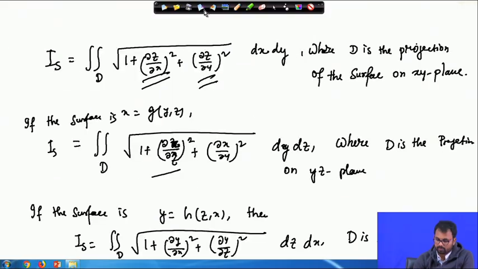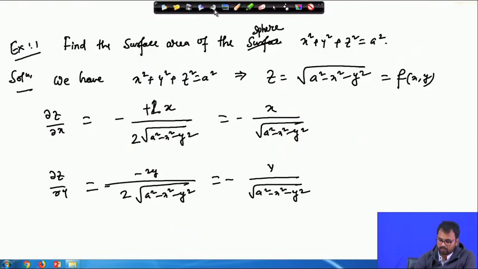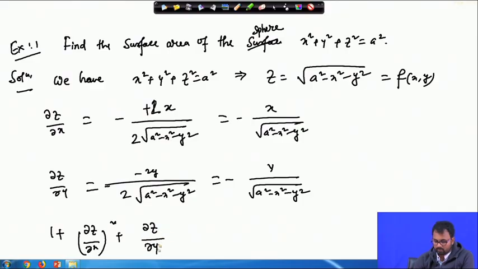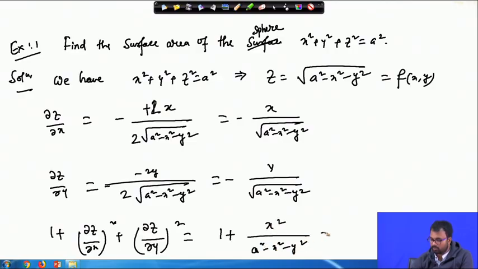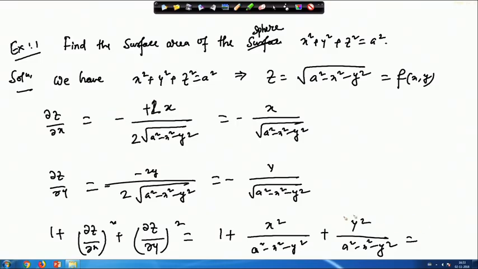Now based on this formula, I can calculate 1 plus (del z del x) squared plus (del z del y) squared. This is basically 1 plus x squared by a squared minus x squared minus y squared, plus y squared by a squared minus x squared minus y squared. If I calculate this, it will be a squared by a squared minus x squared minus y squared.